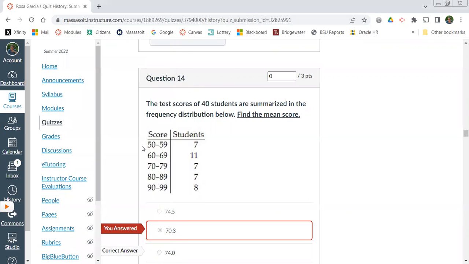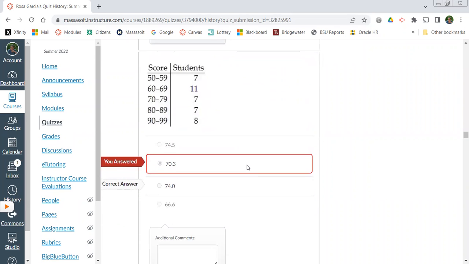So you would use 54.5, and then you would add 10: 64.5, 74.5, 84.5, 94.5. You would have put those scores in list 1, put the number of students in list 2, and then tell the calculator to calculate the mean. When you don't have the raw data, you've got to use the midpoints for the distribution list. You got it? Okay.